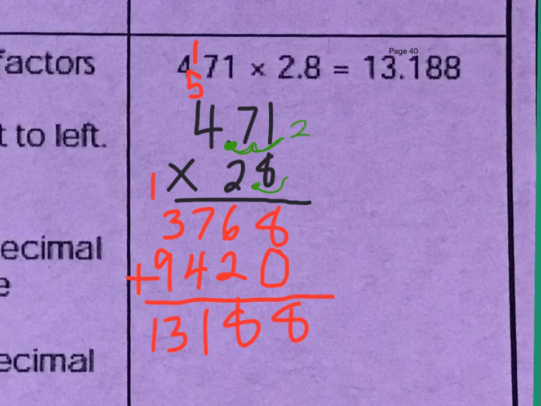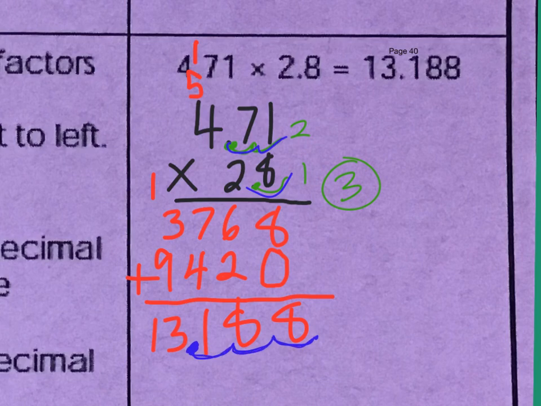So 2 and 1, that's 3 decimal places that I'm going to count over. So I'm going to start right here and count over 1, 2, 3. That is where our decimal goes.